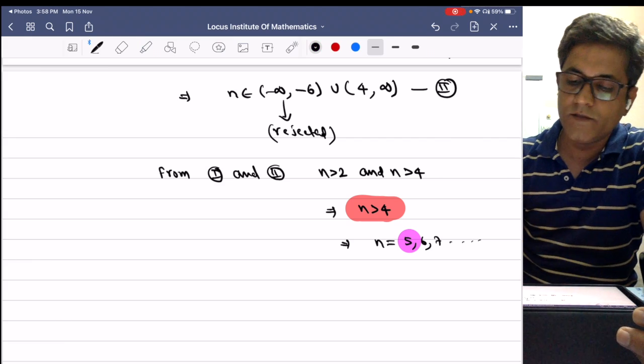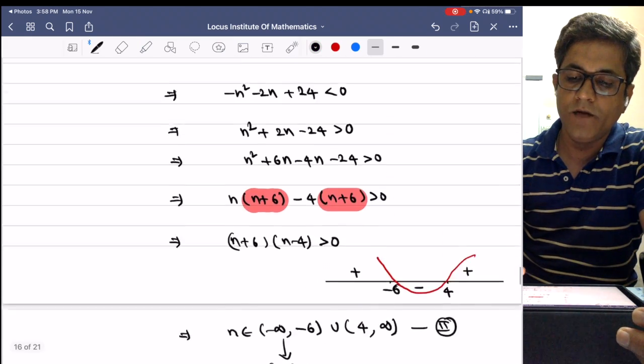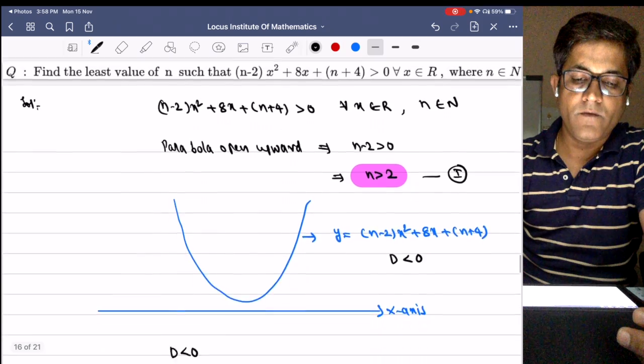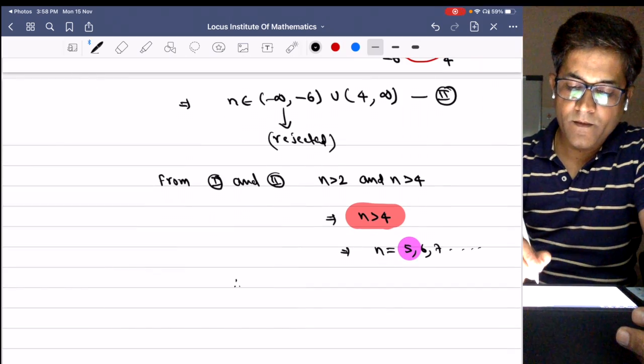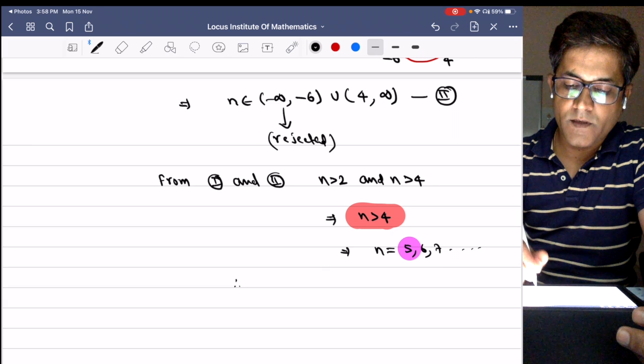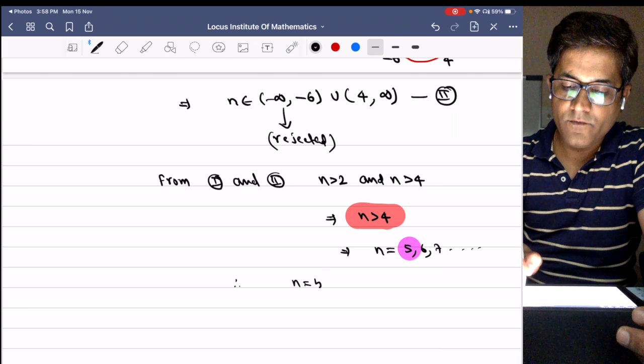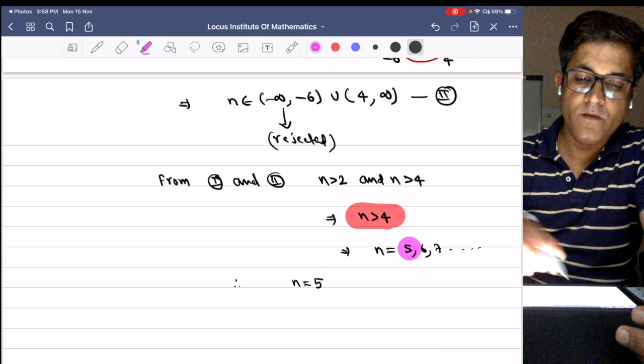So our answer is 5. We need to find the least value of n. Therefore, the answer is n = 5. This is our final answer.